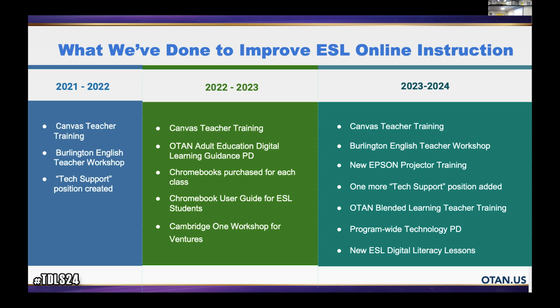Then we invited our Burlington English rep to our school to give a workshop. We are a very loyal Burlington English user, so you should be very glad to hear that. And then we created a tech support position in our school to help our teachers. So this is a year after the pandemic.